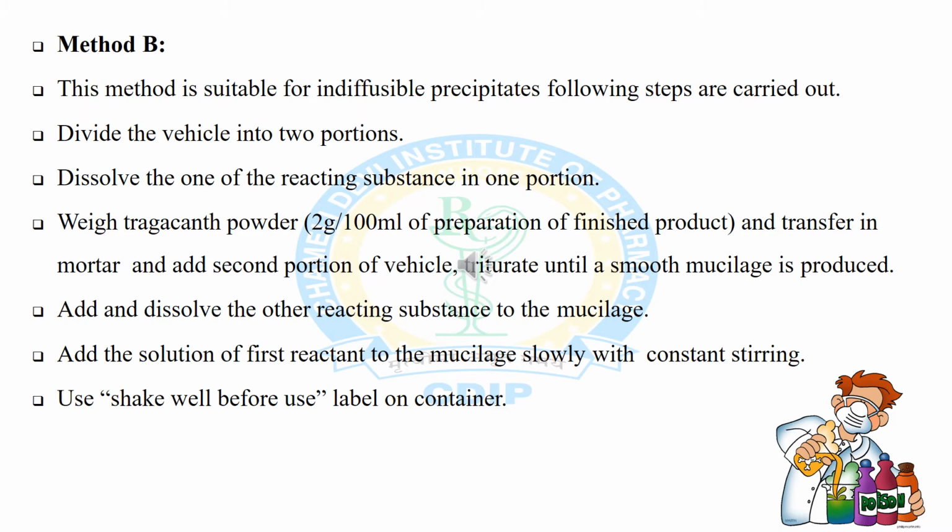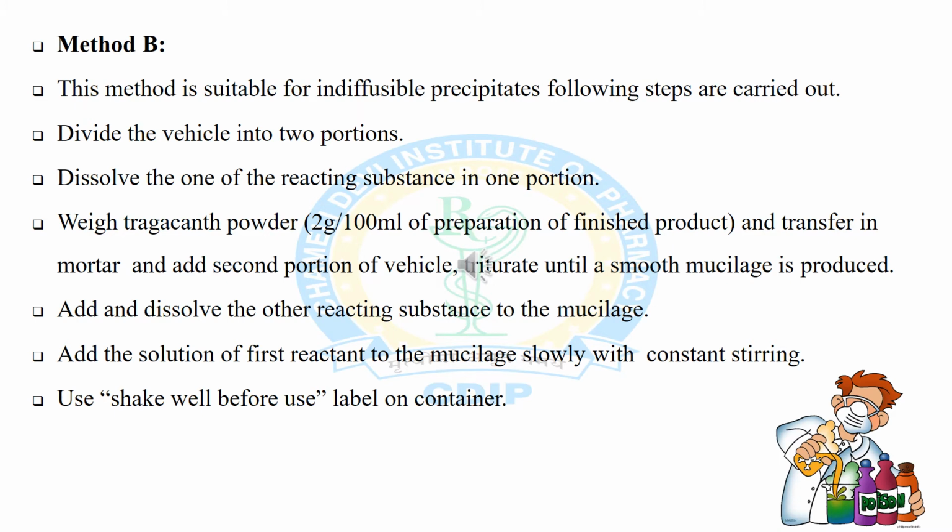These two steps are similar to method A, and the next step is different. Weigh a suitable quantity of tragacanth powder, that is 2 gram per 100 ml of finished product, and transfer it into a mortar and pestle.